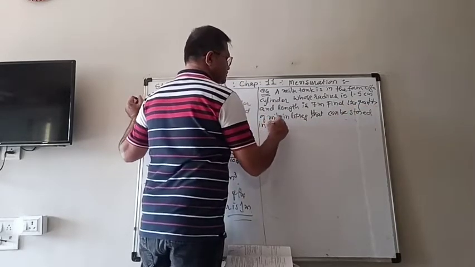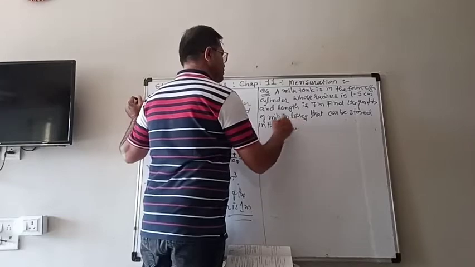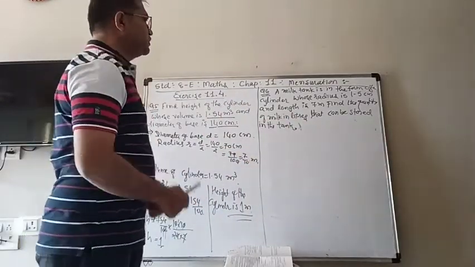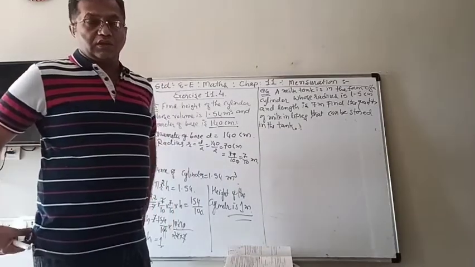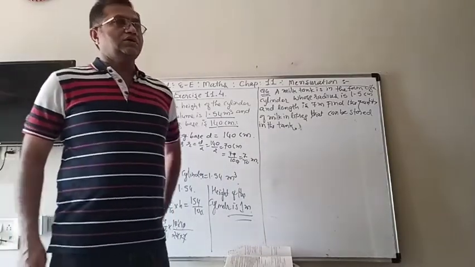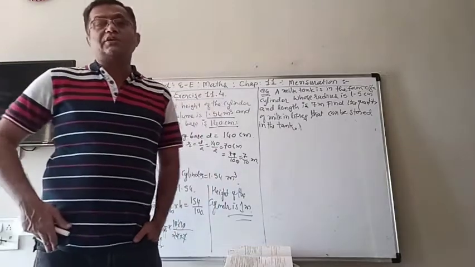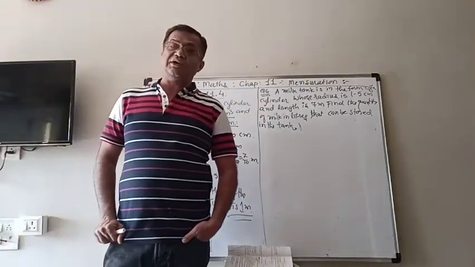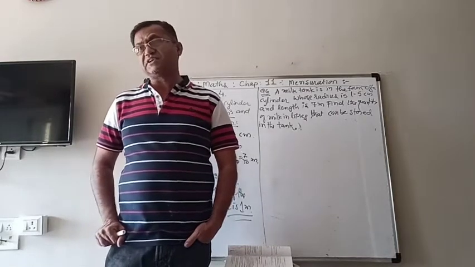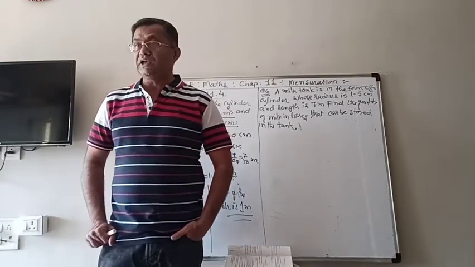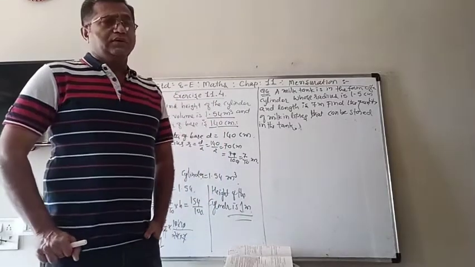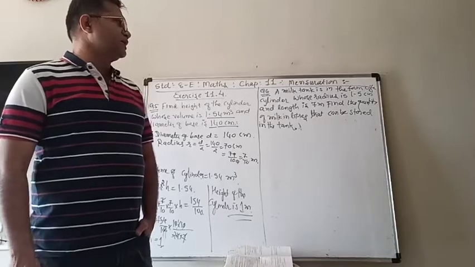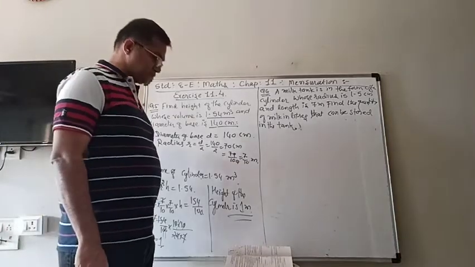So here we have to find the capacity of the milk tank. We know that capacity and the volume is nearly the same thing. So first of all we have to find the volume of that cylindrical tank, and then meter cube or centimeter cube should be converted into liters.